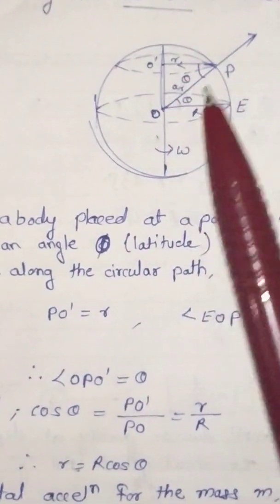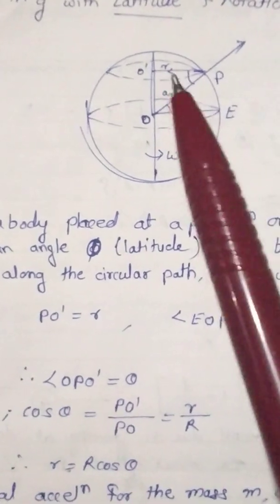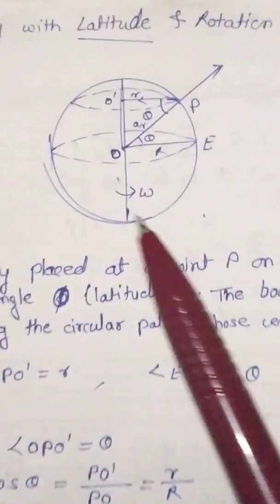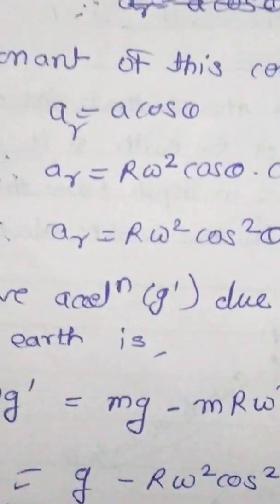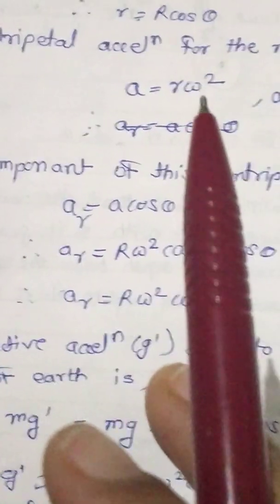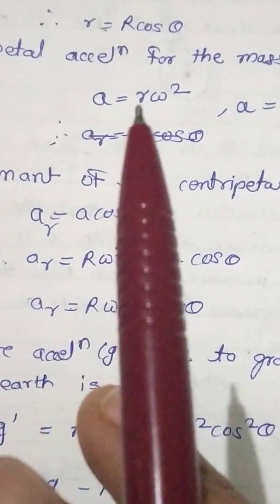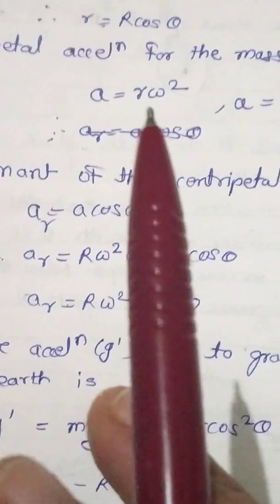So this acceleration is called a radial acceleration because it is toward the center of the circular motion. Here a is equal to r omega square. This is the relation between acceleration, angular velocity omega, and radius r.